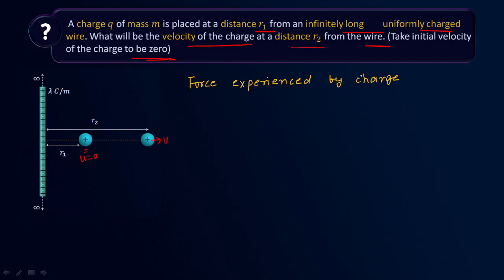What is our approach? We are trying to first find the force, then from force we can find acceleration, from acceleration we can find velocity. Simple, right? Displacement is given.